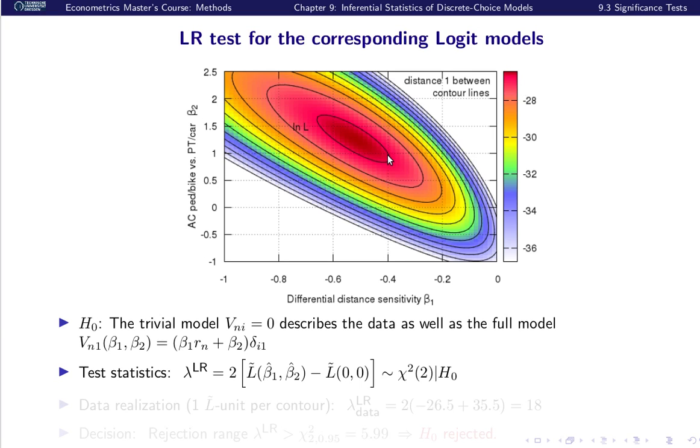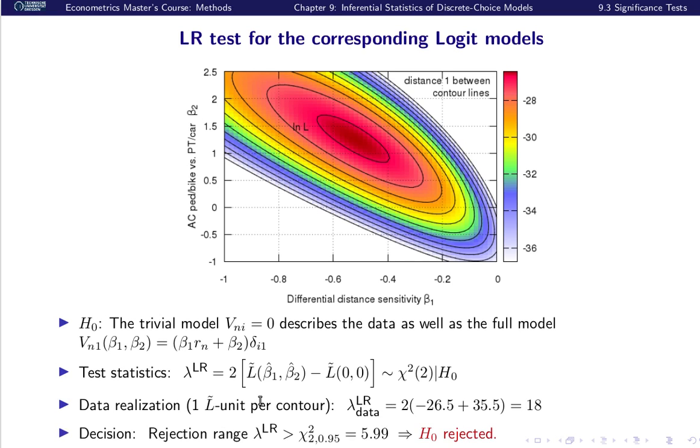So we have this is 27, and maybe this is 26.5. This is the full model, 26.5. And what is for the null model? We have just 0, 0 here, and that is about 35.5, and then you get a value of 18.